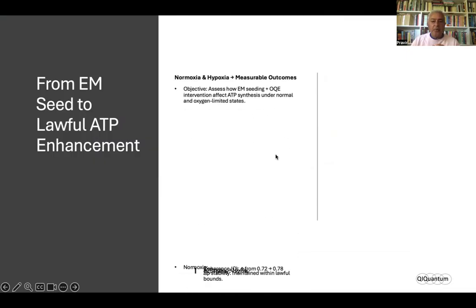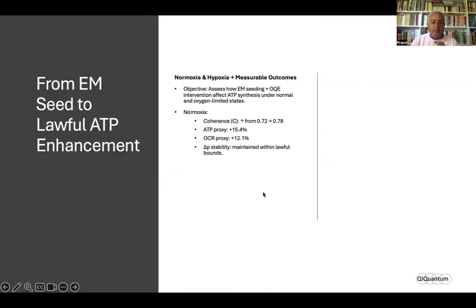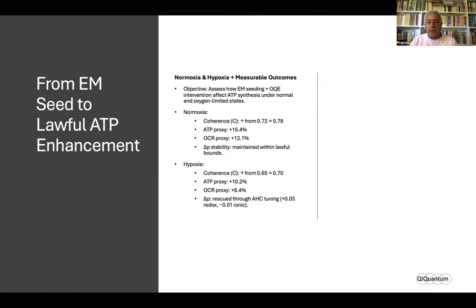So if we look at, for example, from the simulation from a normoxia, that's the normal oxygen levels, and hypoxia, the reduced oxygen levels. In both these cases with QIQD, we see that coherence increases, which is what we want. The ATP proxy increases. So basically the ATP increases.